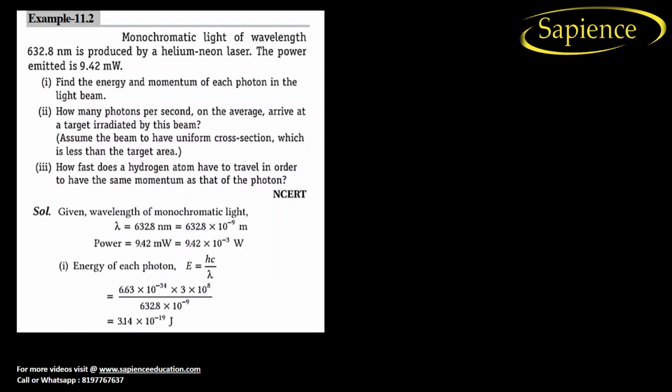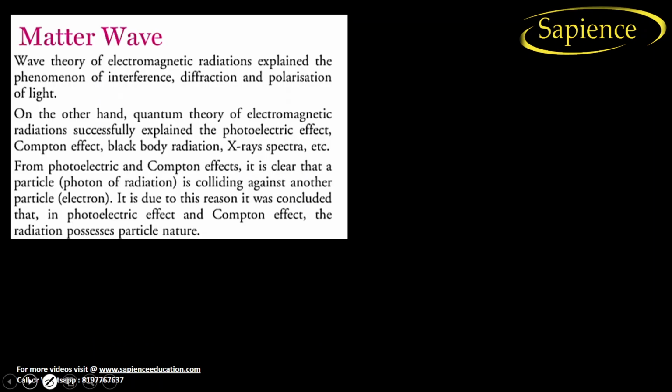Now from this question you will be able to understand what they are asking. But before doing this question, we should go through some topics first. Now what is a matter wave? The wave theory of electromagnetic radiation explains the phenomena of interference, diffraction and polarization.